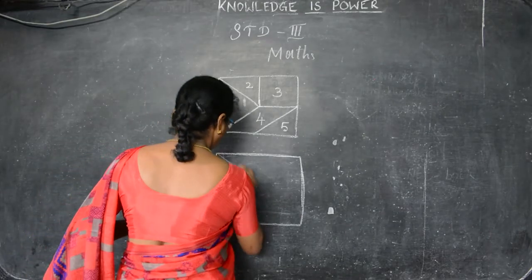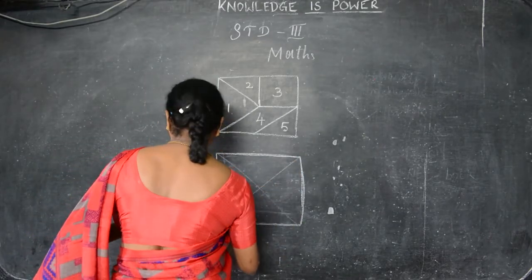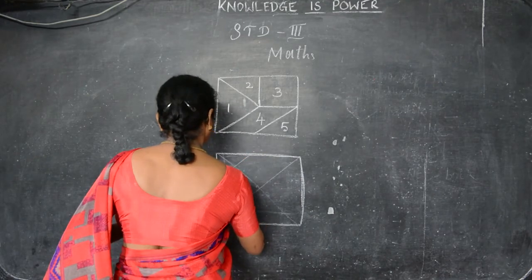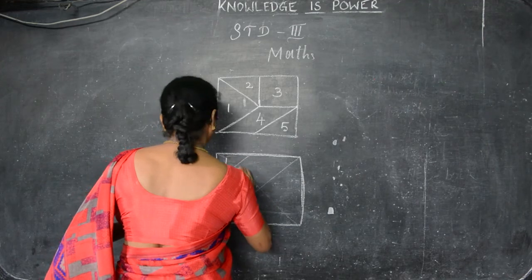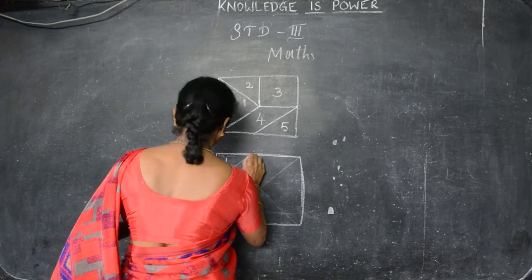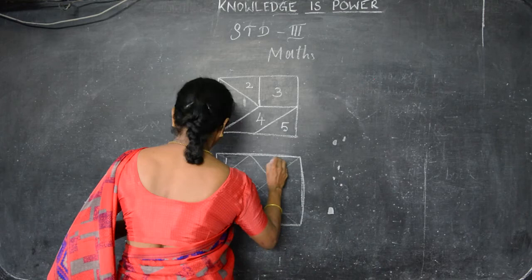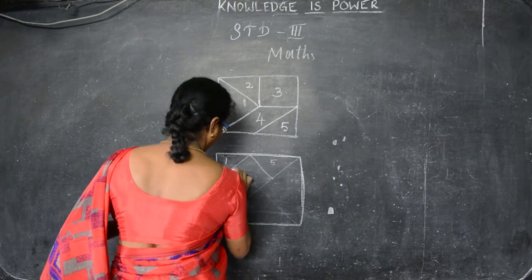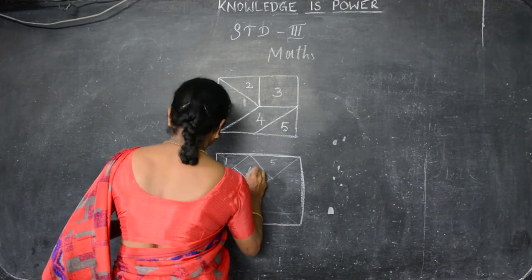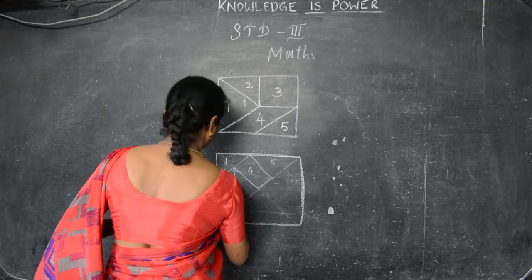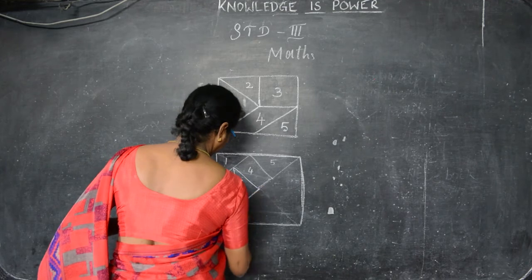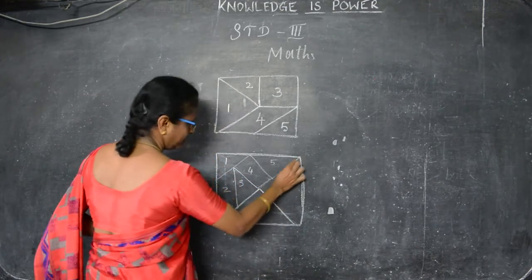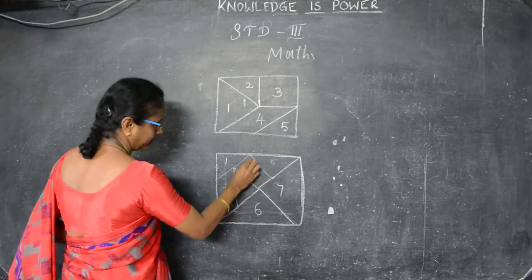So same thing. Number 1. Number 5. So these are the 7 pieces of the tangram.